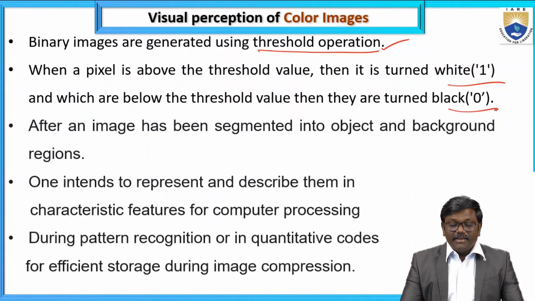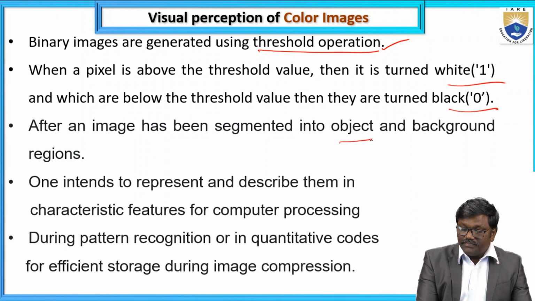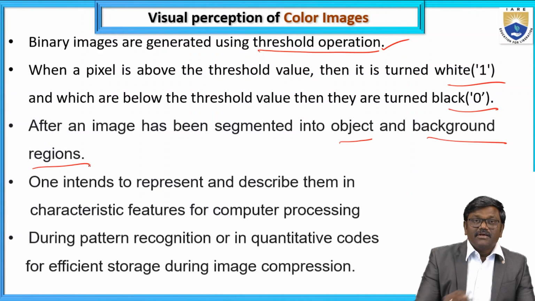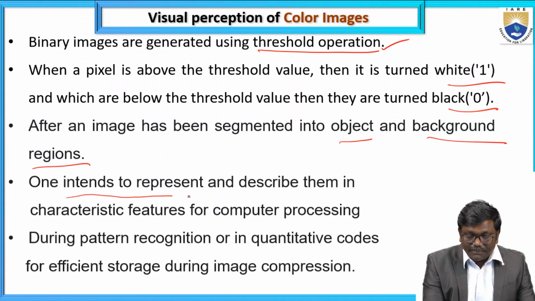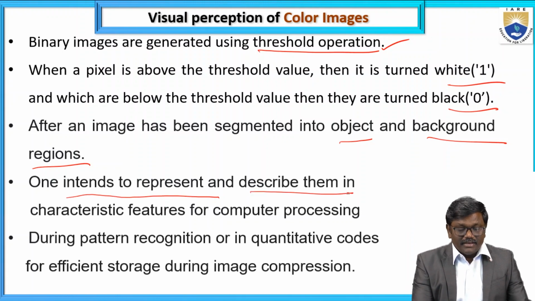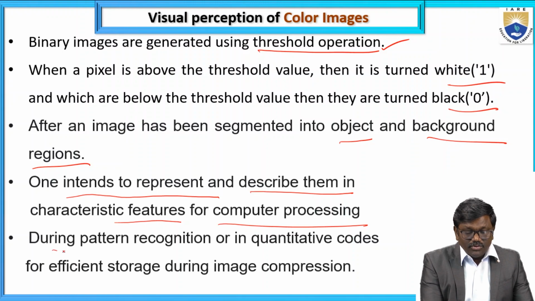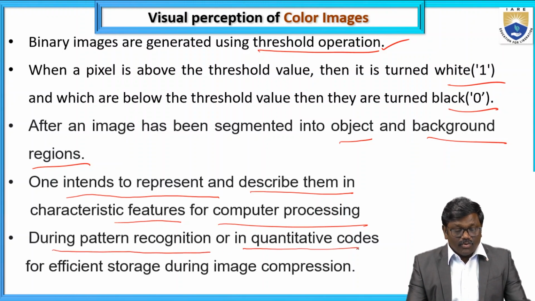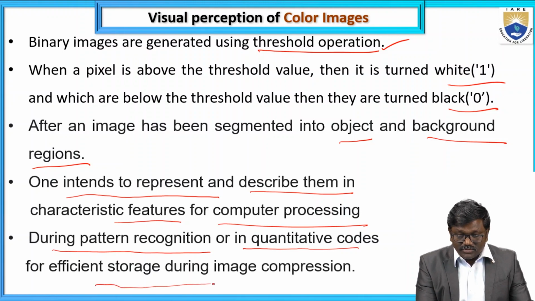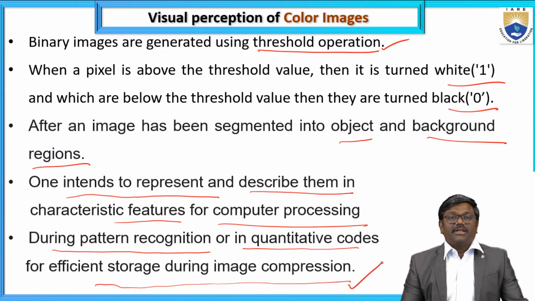After an image has been segmented into object and background regions, one intends to represent and describe them in characteristic features for computer processing, during pattern recognition, or in quantitative codes for efficient storage during the image compression process.